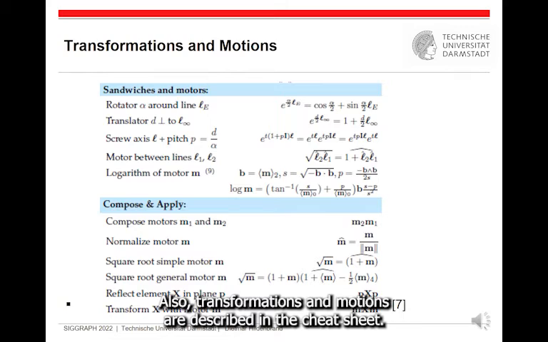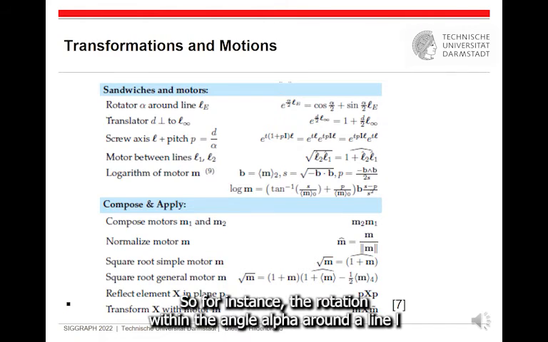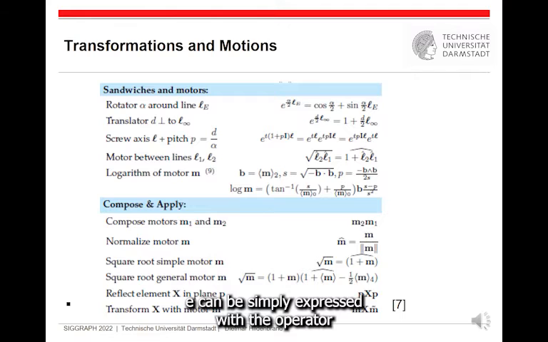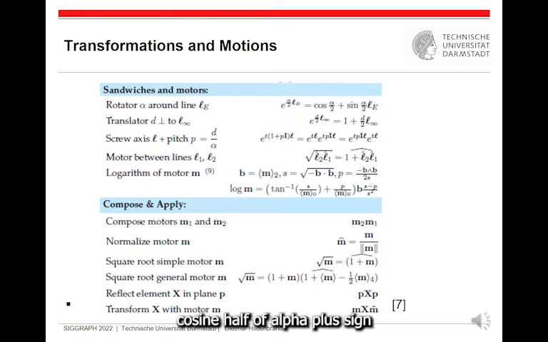Also, transformations and motions are described in the cheat sheet. For instance, the rotation with an angle alpha around a line L can be simply expressed with the operator cosine half of alpha plus sine half of alpha times L, meaning this rotation line.